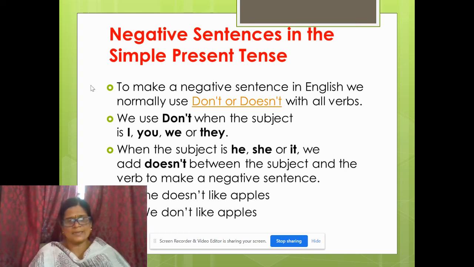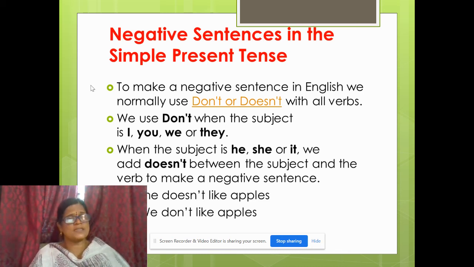Don't and doesn't. Here I have given one example. We use don't when the subject is I, you, we or they. What is the rule I said? If the subject is I, you, we or they, then we use do. If you want to use the negative, you can use do not, and in short we say don't. Coming to the next one, we have he, she and it.